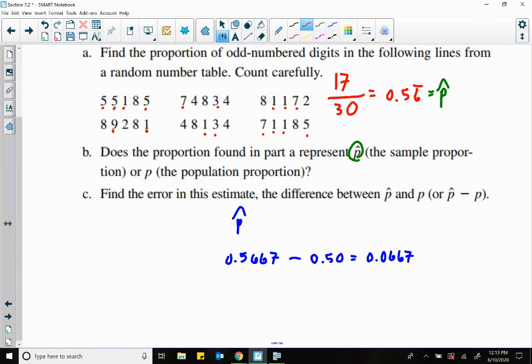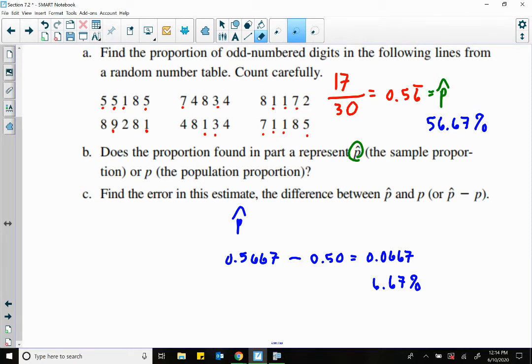So up here, looking at what the book wanted, or what your assignment's going to want, you would say that this is 56.67%. And then down here, because there's your decimal, you would say that this is 6.67%. And there you go.